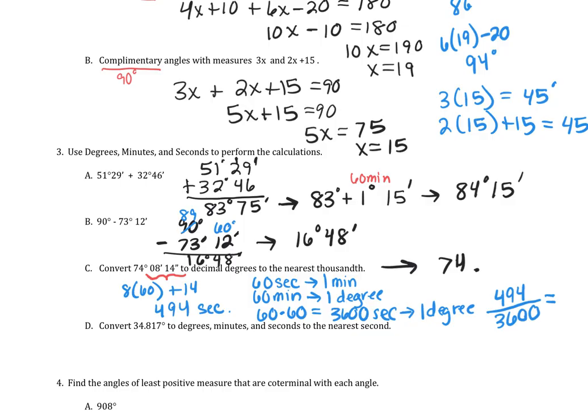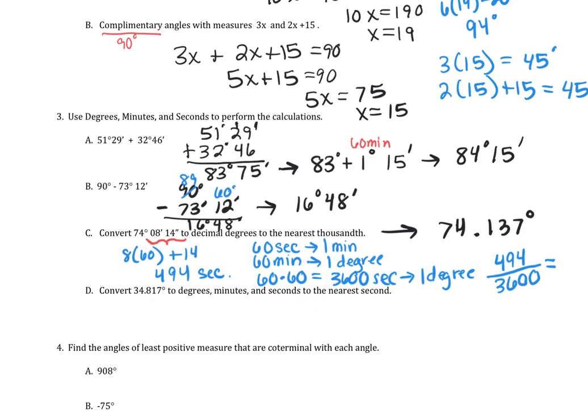And that final decimal will give you your measurement in degrees, which to the nearest thousandth is 0.137 degrees. Okay, so there's our conversion. I took the minutes and the seconds, converted them all to seconds, and then divided by 3600 to figure out that portion of a full degree.